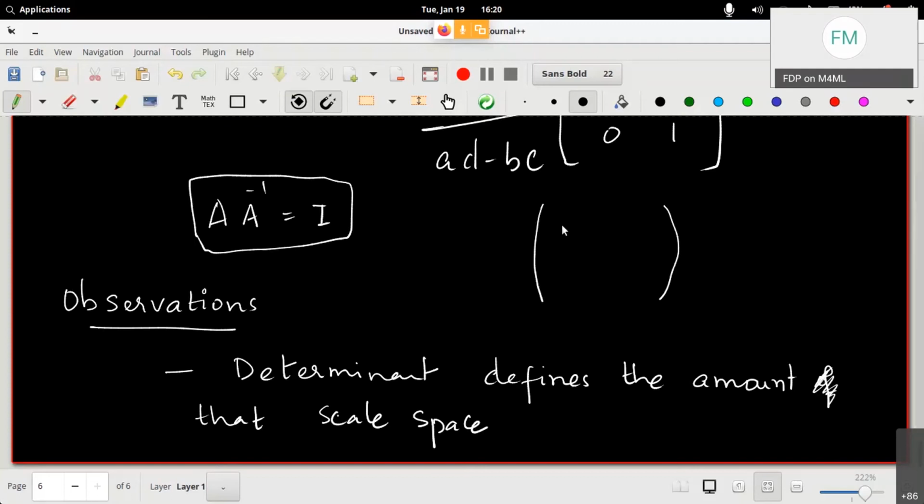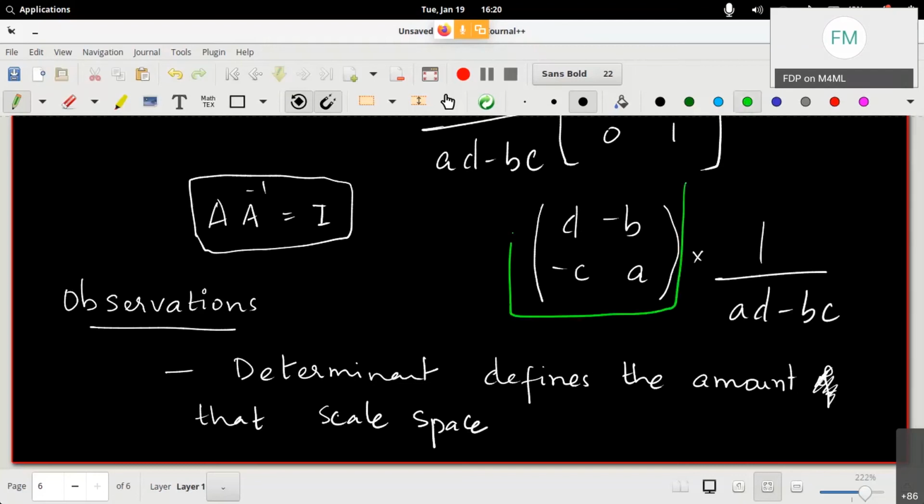So let's say this was your A, and this was D, minus B, minus C, and A, times of A D minus B C. This one is trying to show you the scaling.